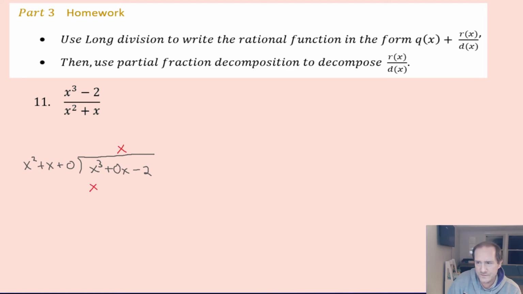Distributing that through gives x cubed plus... Oh, okay, forgive me, I'm dumb. We actually need 2 placeholders: 0x squared plus 0x minus 2.